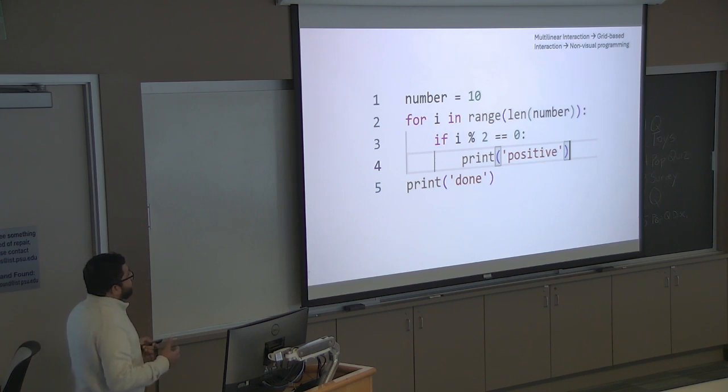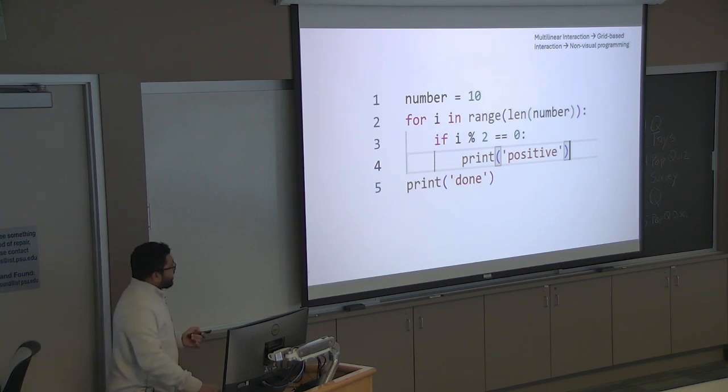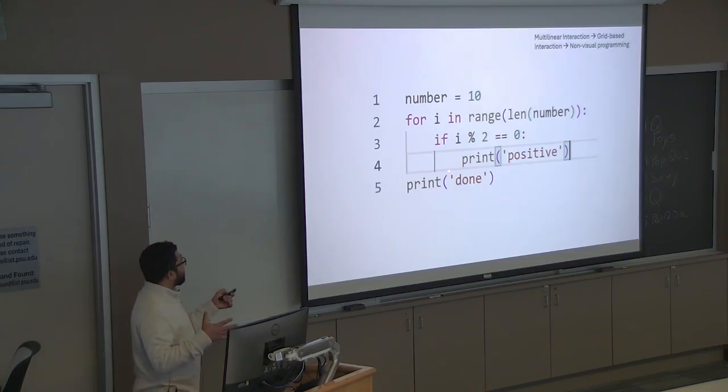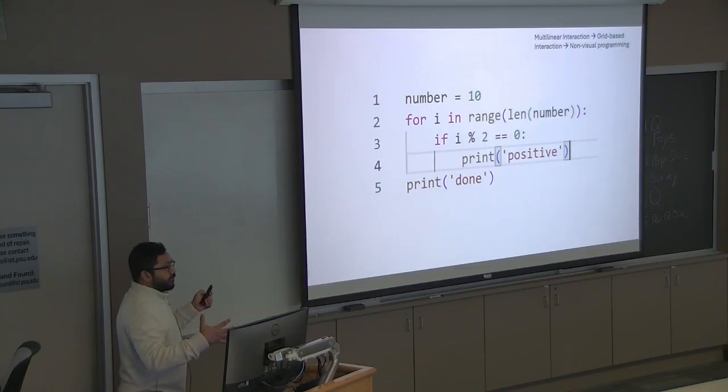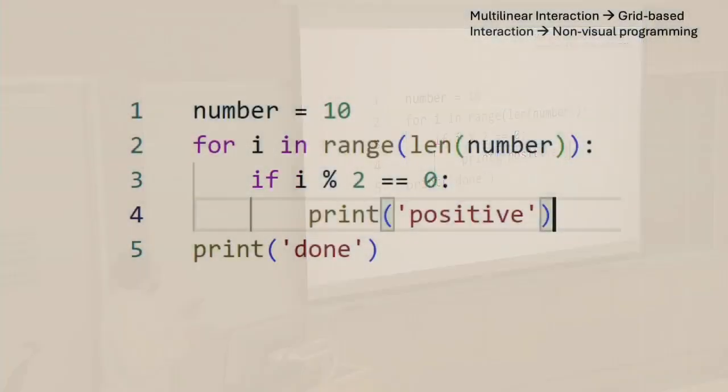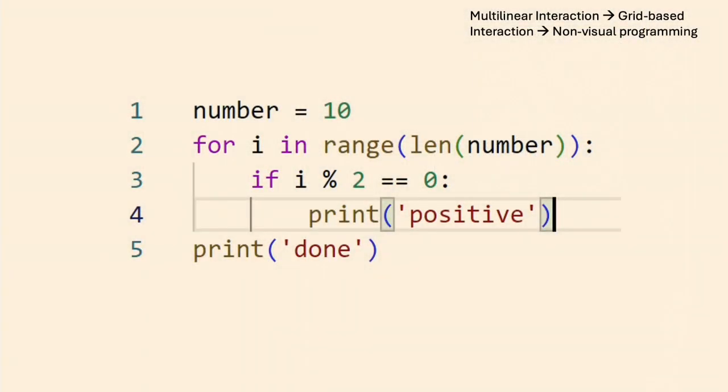So the intuition here is that if we leverage the spatial relationships within a content and deserialize them linearly, we can improve their usability for non-visual interaction. And we apply that concept in a fairly complicated task, which is code editing.